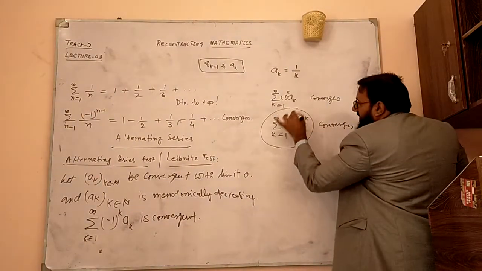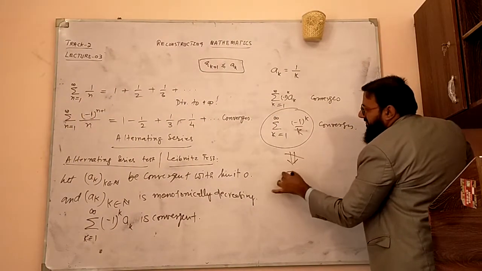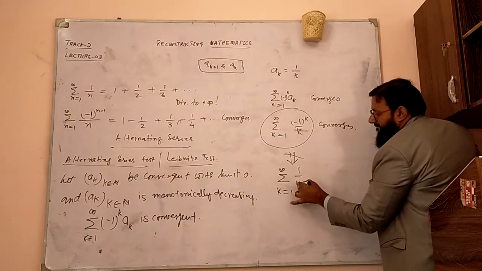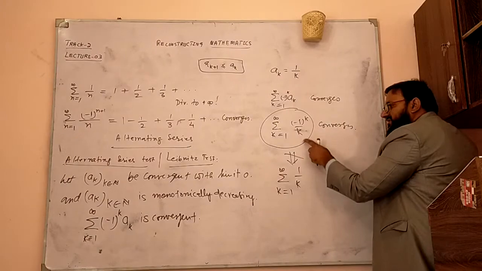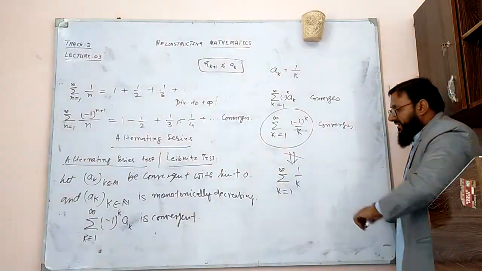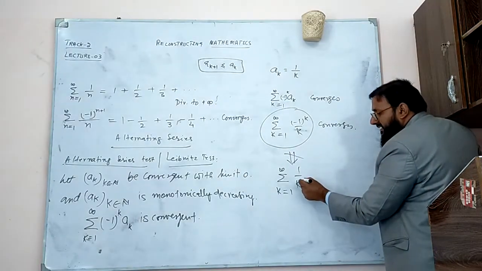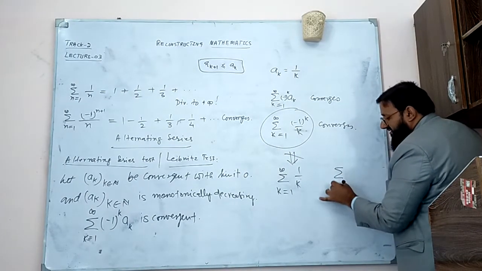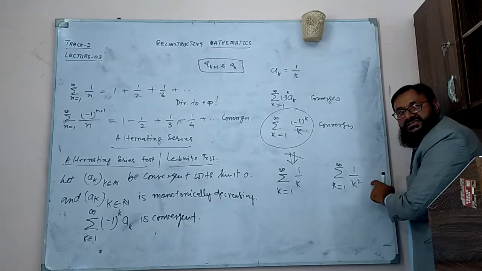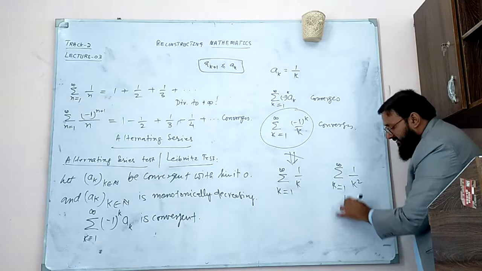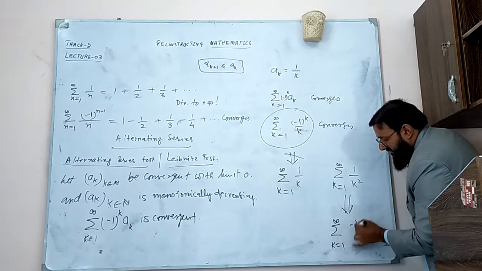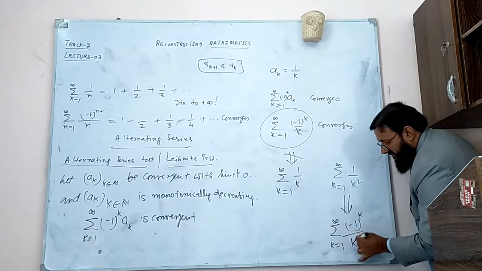If the sequence 1 over k converges, this does not imply that the alternating series converges. But if the original series converges, then it obviously implies that the alternating series will converge as well.